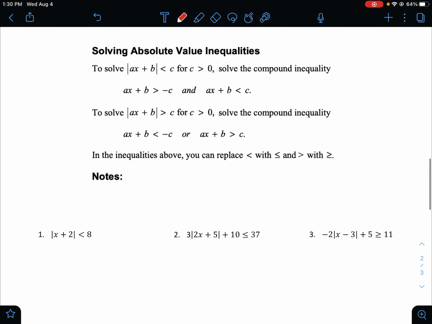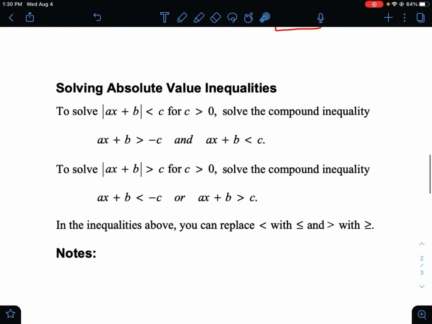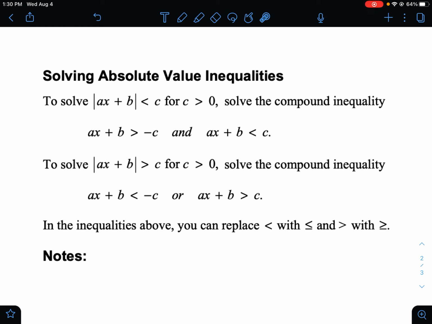Moving on to inequalities, this is where things get a little bit more confusing. With inequalities, you have the same absolute value, but you don't have an equal sign anymore. You have a greater than or less than, or greater than or equal to, less than or equal to. Same thing happens here. We cannot have a C value that is less than 0.